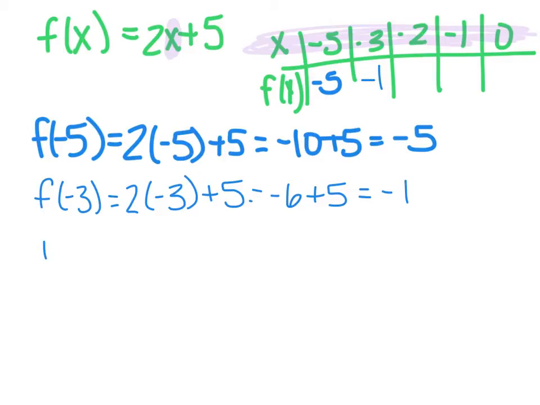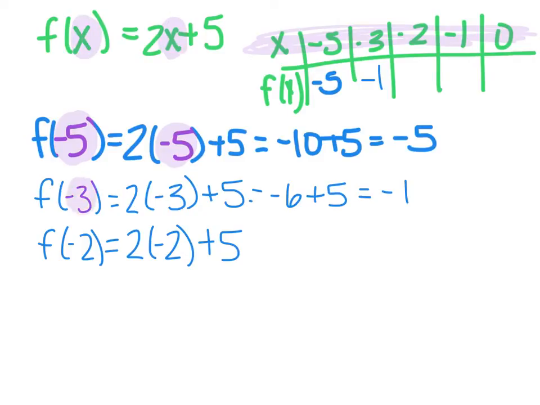Then we do the same thing with negative 2. So f of negative 2 equals 2 times negative 2 plus 5. Notice that every time, whatever value I put in this parentheses, I'm putting in for x as well. So whatever goes here, goes here. So negative 3, negative 3, negative 2, negative 2.